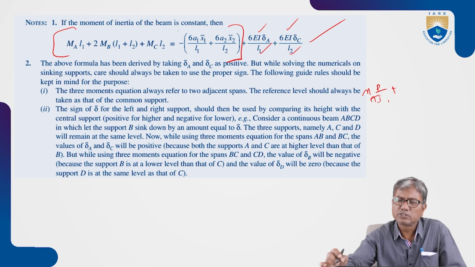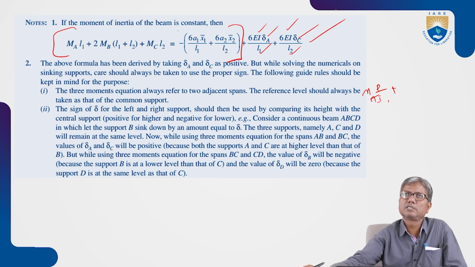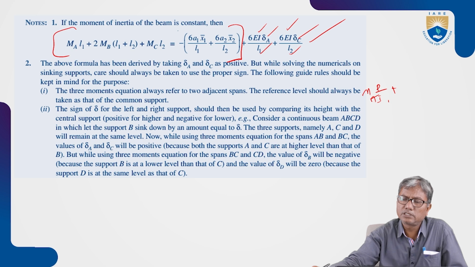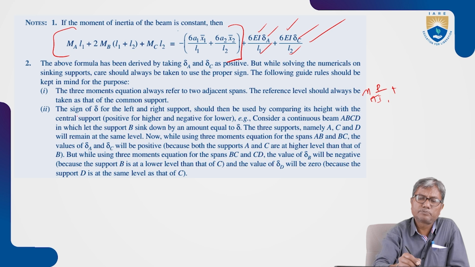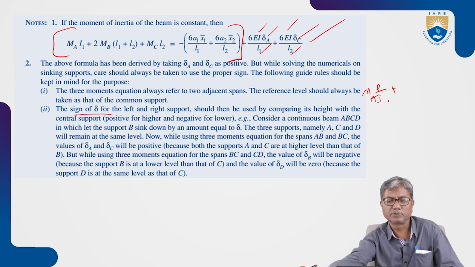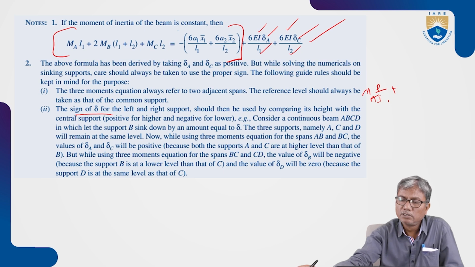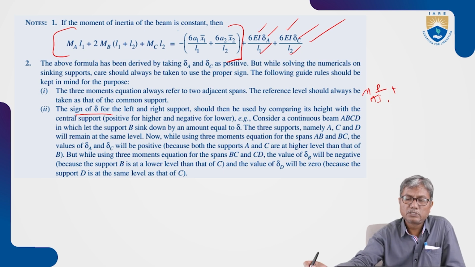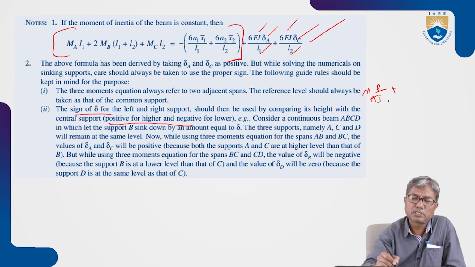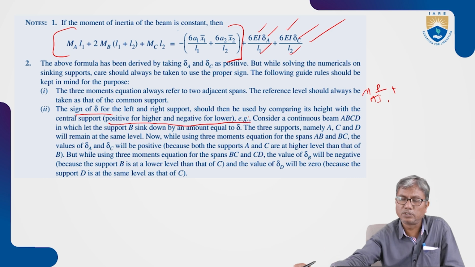As we have already mentioned, delta A and delta C are the heights of support A and support C above support B. Here the sign is important, the sign of delta for the left and right supports. So how is it taken? Positive for higher and negative for lower.